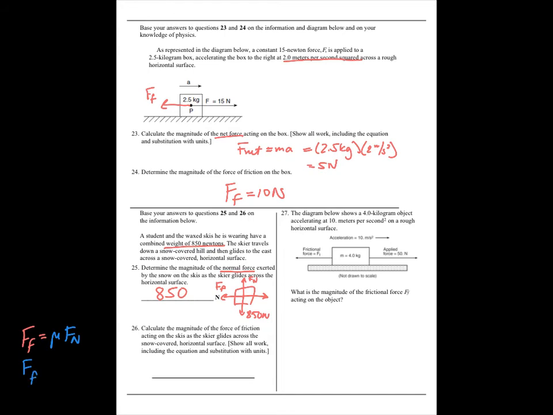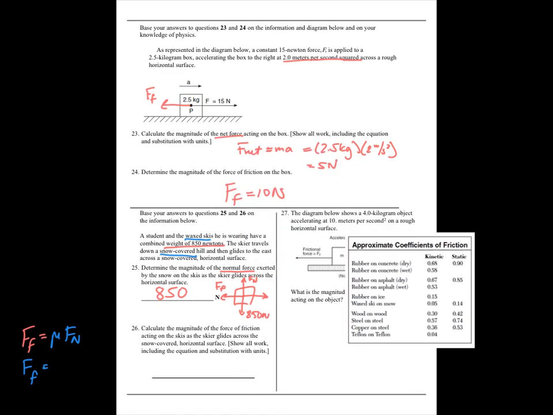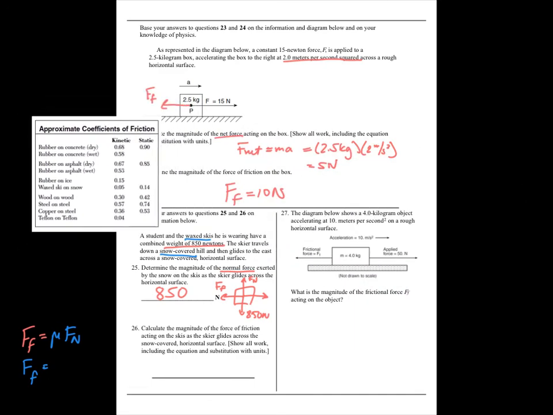Do we have mu? Well, actually, we can look at the reference table, wax skis on snow. So let me pull that up in a quick moment. All right, let's put it over here. Okay, good. So wax ski on snow right here. Because the person is moving, we're going to focus on kinetic.